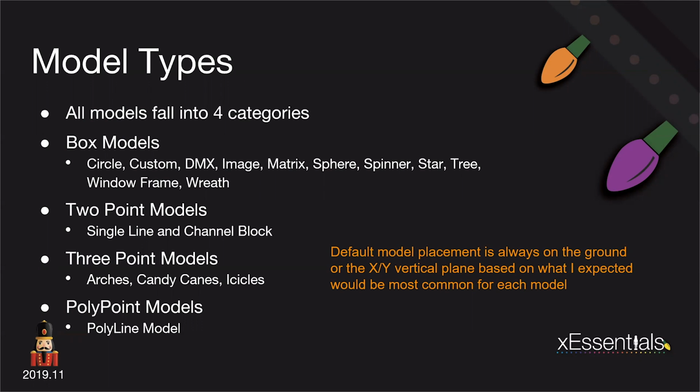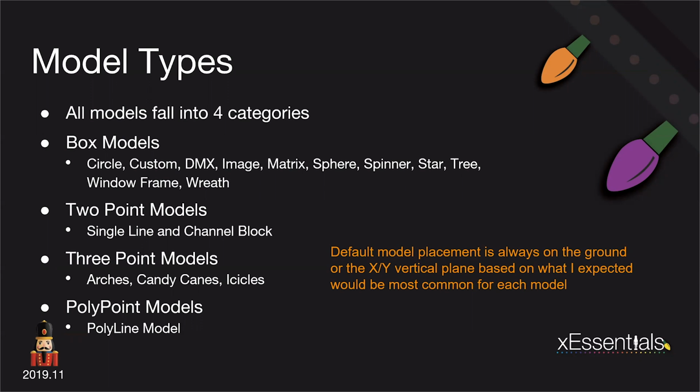Whereas something like a star or spinner, you're probably putting those on walls, so they're typically going to draw on the XY vertical plane. So that's the only delta you might see between some of those box models: some of them will start on the ground plane and some of them will start on the XY vertical plane.